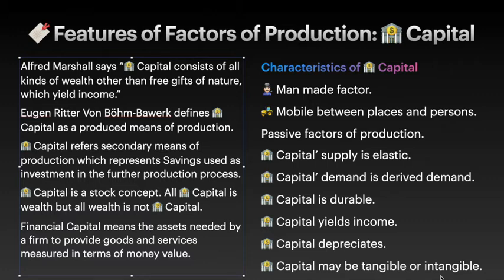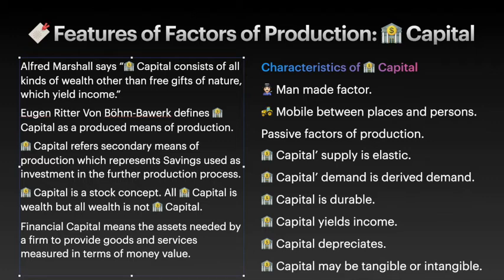For instance, tangible capital can be machineries, factories, inventories, or highways. Intangible capital can be advertisement expenses, or any services provided by different individuals.